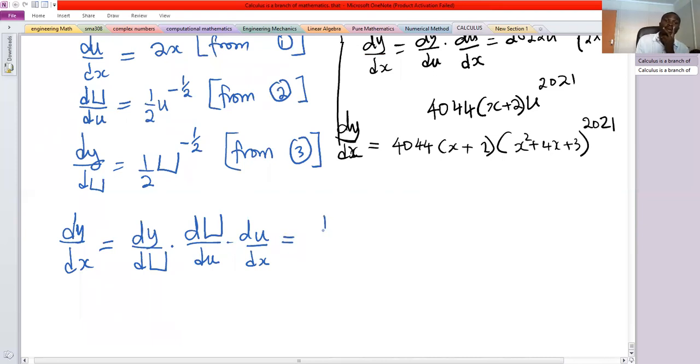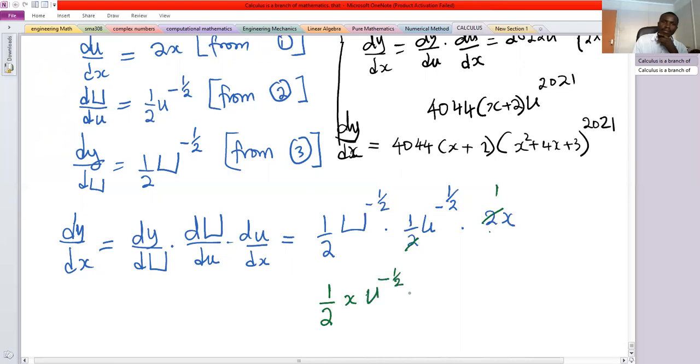Which will be a half capital U to the minus a half, times a half small u raised to minus a half, times 2x. So you see this and this cancel out. So you have a half x, small u raised to minus a half, and then capital U raised to minus a half.